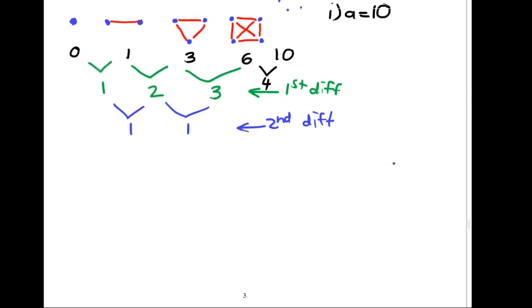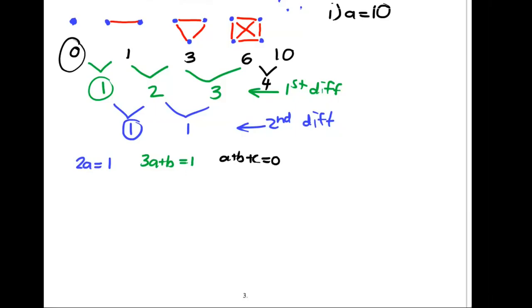So for a quadratic pattern, we know how to work out the formula. 2A must equal that first one at the bottom. 3A plus B must equal this one over there. And A plus B plus C must equal our first term.